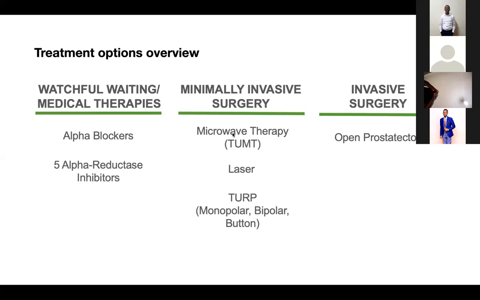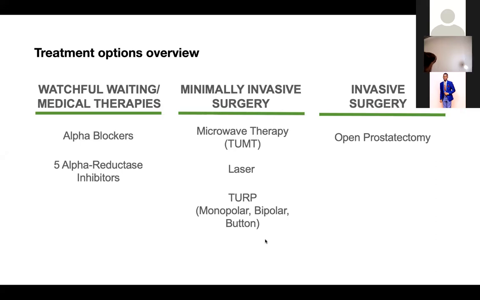So the first one, Doctor, I will request for more clarity on the role testosterone plays in BPH as the leading cause. Maybe let me just go through this very fast. So testosterone is produced in the testis. It's an androgen, and the prostate has what we call androgen receptors, and that's where the androgens attach.